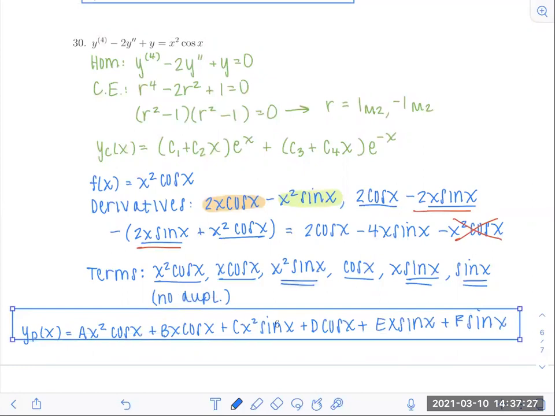And by the way, I just noticed I was being a little bit sloppy here. To be extra careful, you really should double check that your terms are linearly independent. Now, in the case of 30, that would take a ton of time to check linear independence because your Wronskian is going to be a 6 by 6. So in that case, I wouldn't ask you to do that on homework or an exam, but certainly if you had a computer algebra system, that would make it quite a bit easier to check.